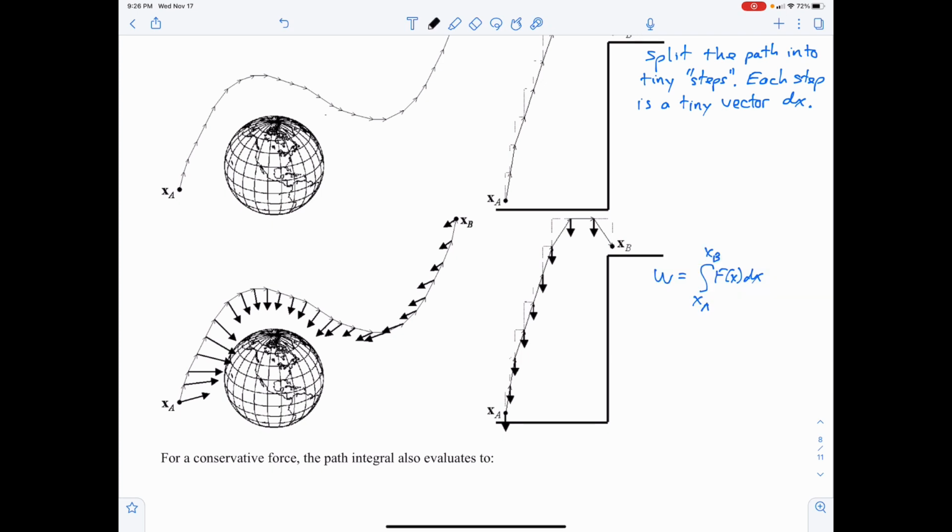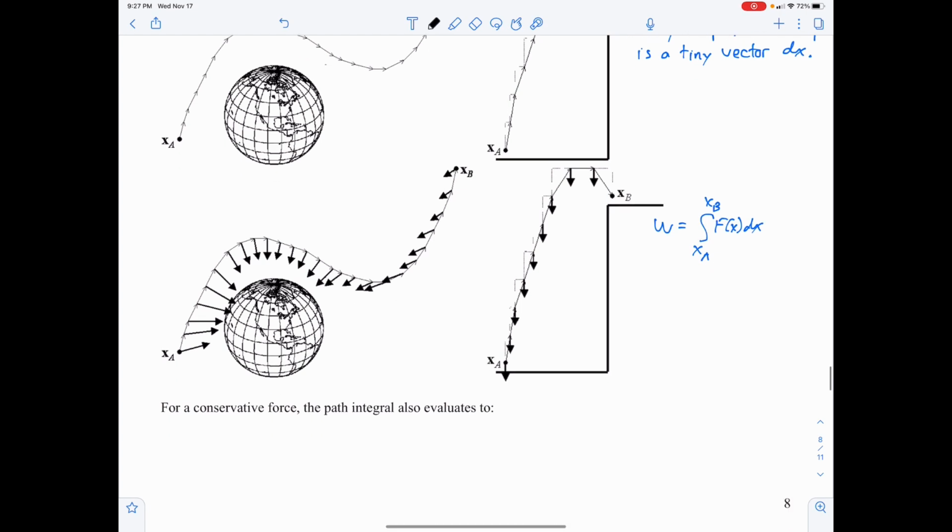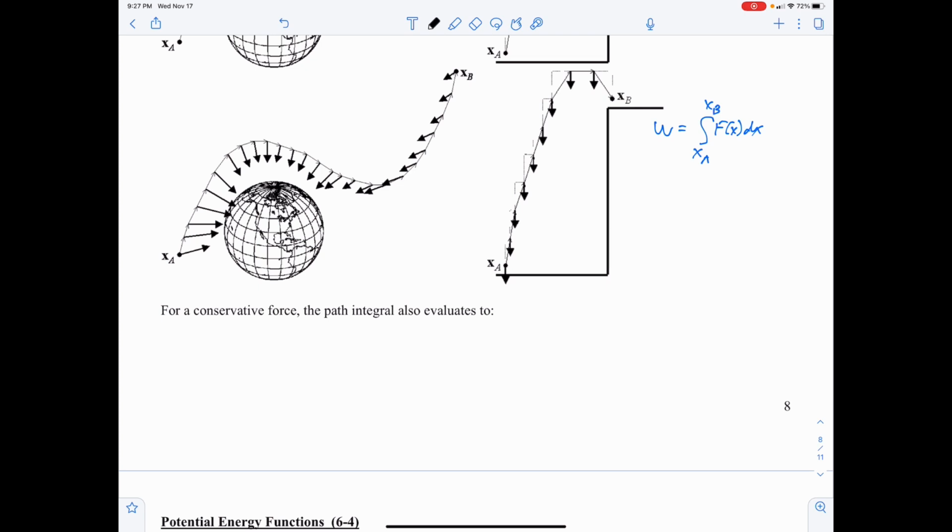This then becomes the integral of the force function, dx, from A to B. So for a conservative force, to evaluate this path integral, we have negative change in potential energy, which is going to be the u function evaluated at x of A minus the u function evaluated at x of B.